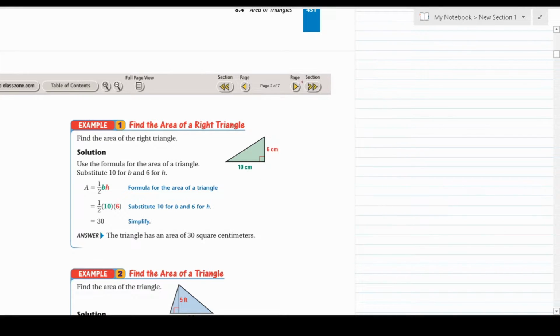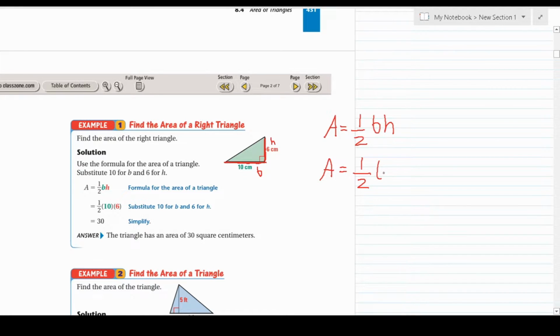As we can see, it's a right triangle, and so let's start by writing down the formula for finding the area of a triangle. That's area equals 1/2 base times height. And as I mentioned previously, this is going to be your height, and this is going to be your base as well. So all we have to do is plug those two things into this formula.